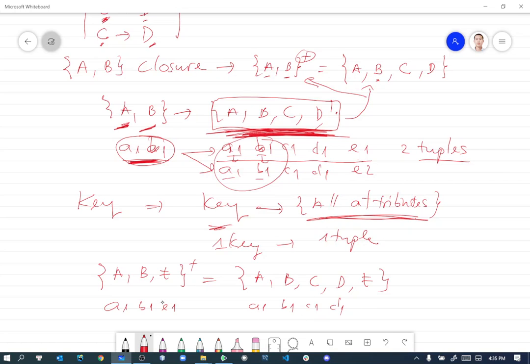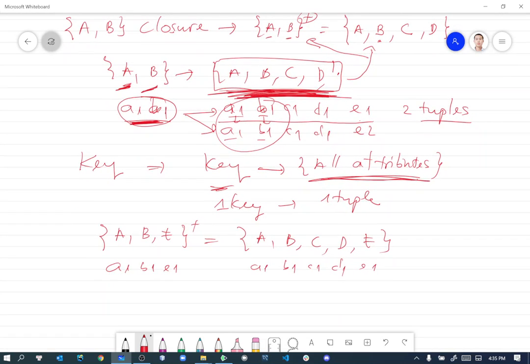Then E1 is only E1, which means one row only. So it's unique. If you have A1, B1, E2, you may find A1 again, B1 again, C1 again, D1 again, but this is E2, so it is actually two rows.